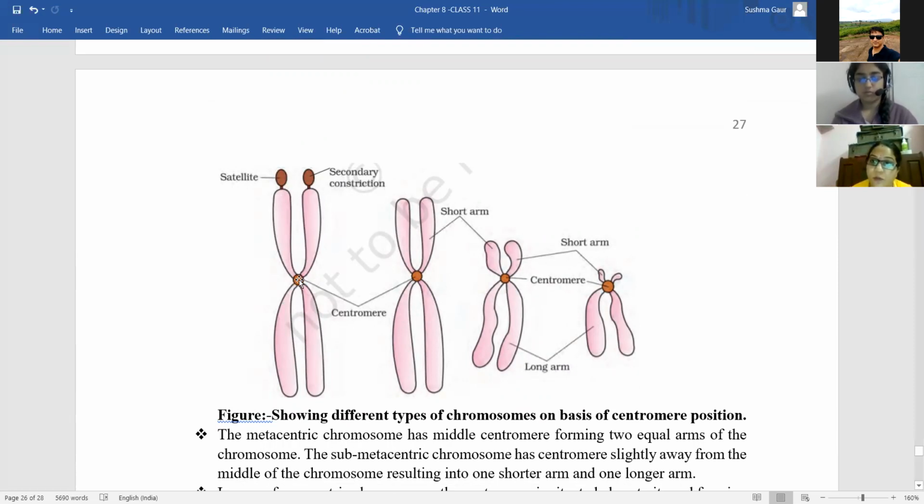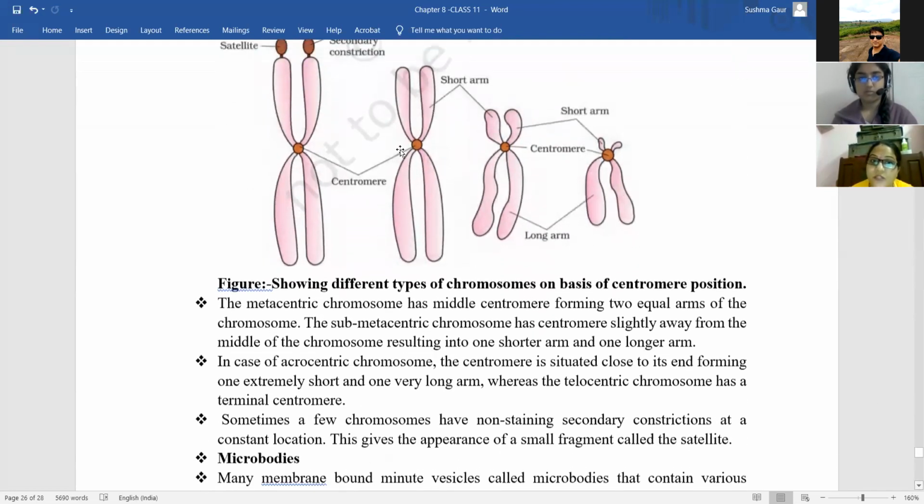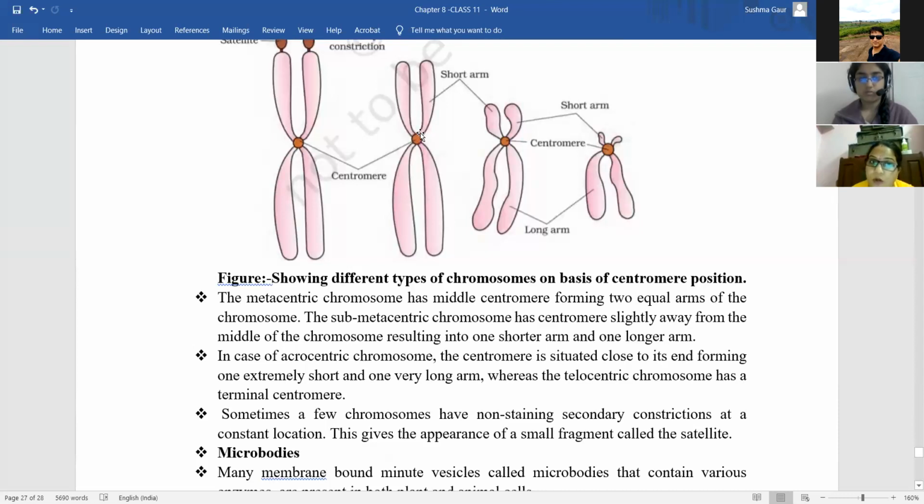If the centromere is present in the center, then the chromosome is metacentric, and if the centromere is quite upward from the center, then it is known as submetacentric. And if the centromere is very near to the tips of the chromosome, then it is known as acrocentric. And if the centromere is just at the tips, then it is known as telocentric chromosomes.